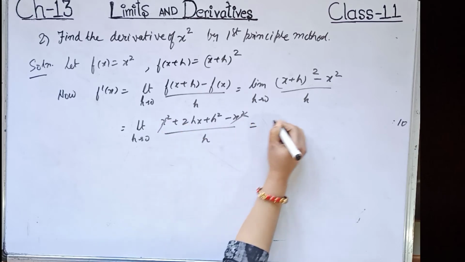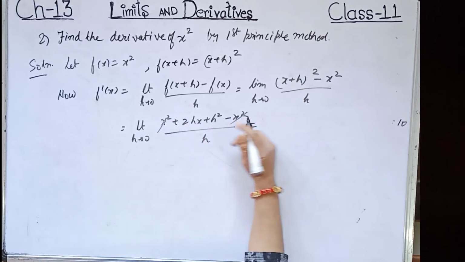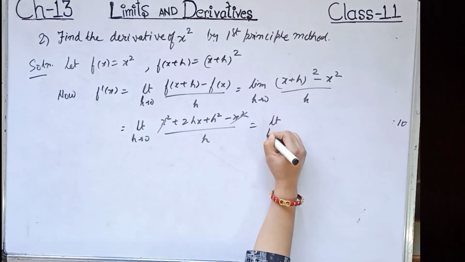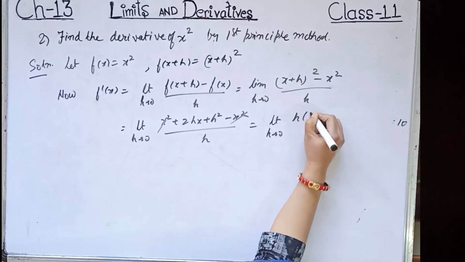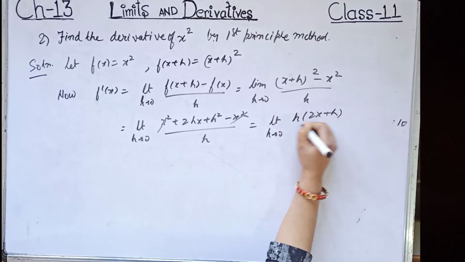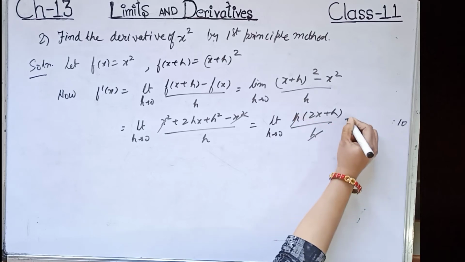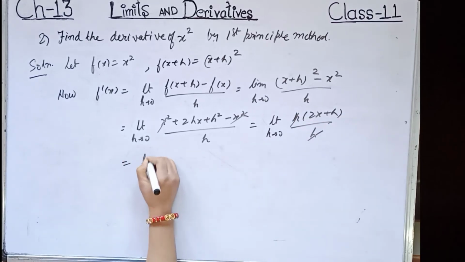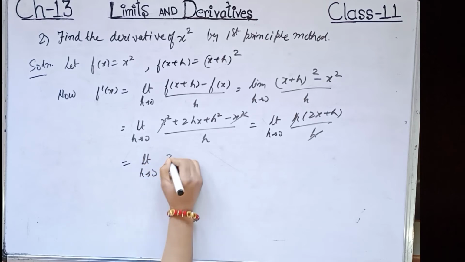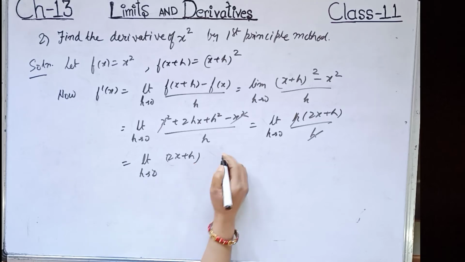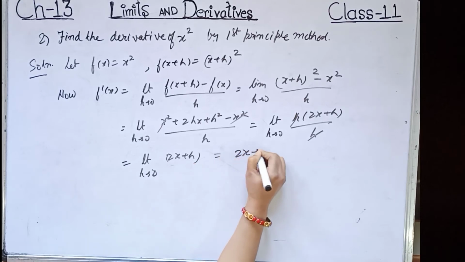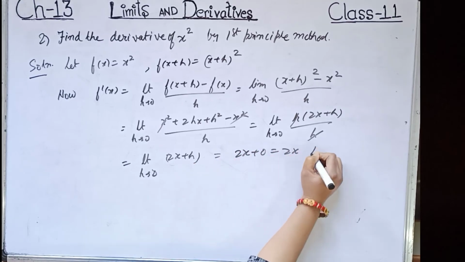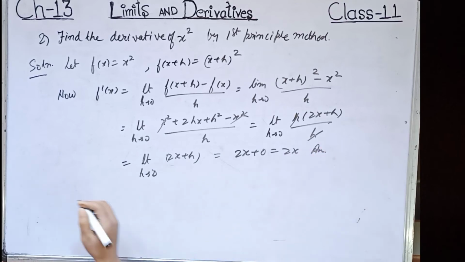This x square is cancelled, and over here we will be taking h common. So limit h tending to 0 h times 2x plus h by h. This h and h is cancelled, equals limit h tending to 0 2x plus h. Now we will put the limiting value, that is h as 0. So we will be getting over here 2x plus 0 equals 2x. And this is the answer.